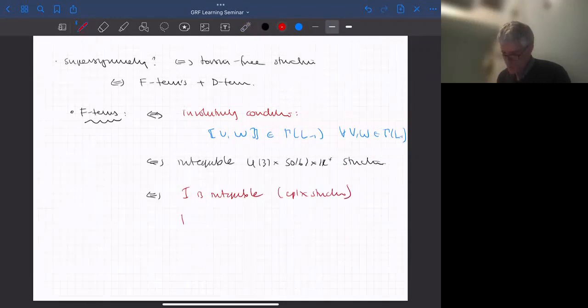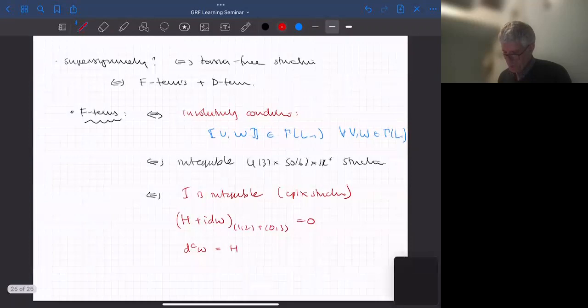And it tells you that H plus IDW, if you look at the 2,1 and the 0,3 components, these have to vanish. Or equivalently that DC of W looks something like H. So I think these are the same as the pluriclosed conditions.